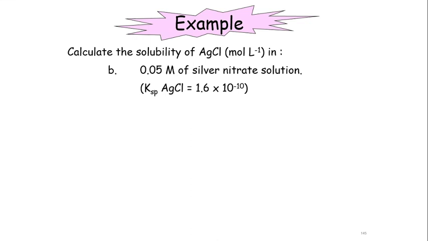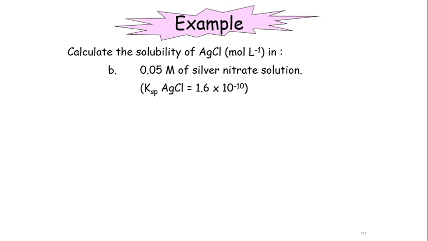Calculate the solubility of AgCl in 0.05 molar of silver nitrate solution. Okay, for question A, it is a common calculation like we do in 7.3 a and b.